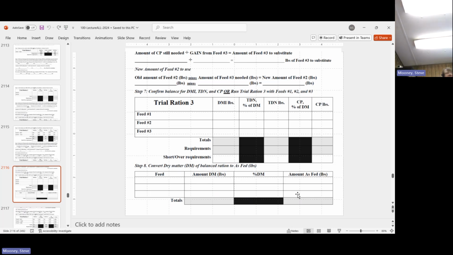I get the crude proteins from step 2. I multiply my dry matter pounds times TDN to get TDN pounds. I multiply dry matter pounds times crude protein divided by 100 to get crude protein pounds. Take a crack at filling that table out.